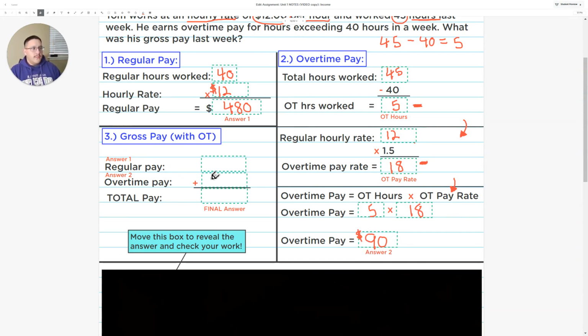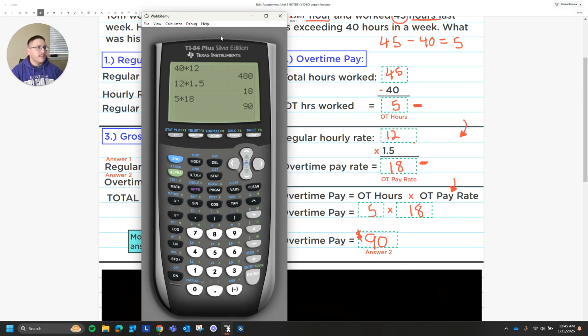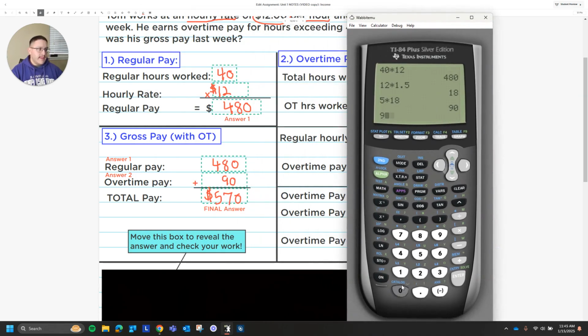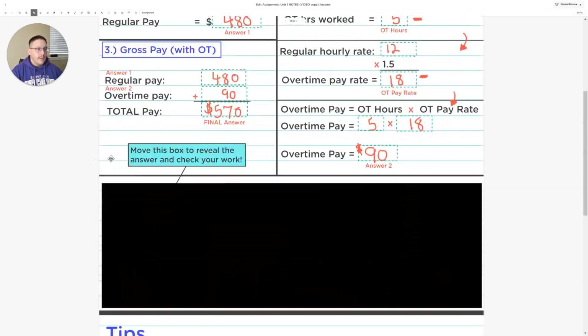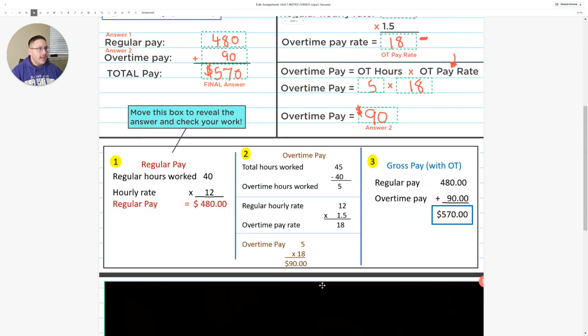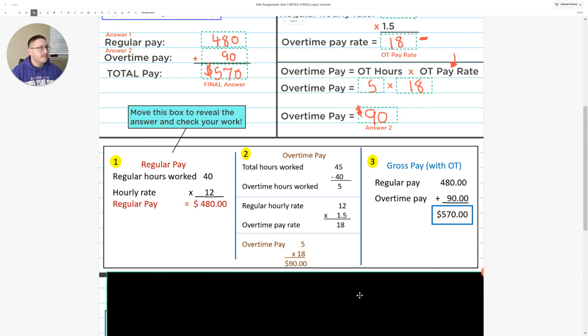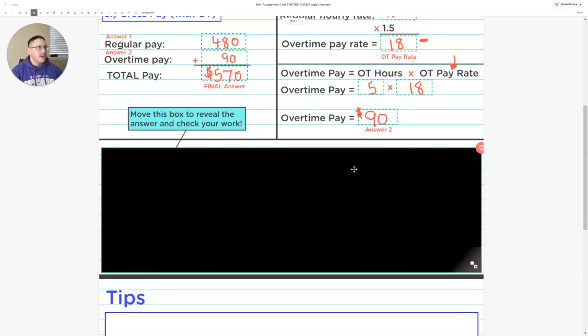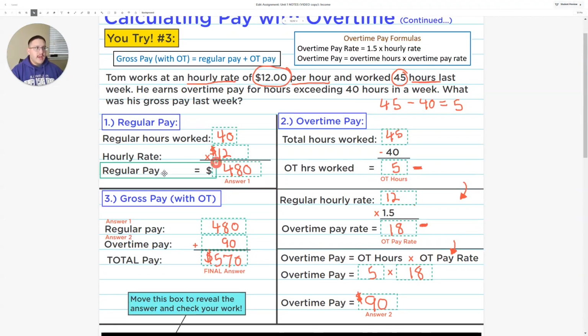So now, 480 plus 90 should be $570 altogether for gross pay with overtime. So again, 90 plus 480 is $570. Then we can move the box right here to check, but it gives us the exact same thing we just calculated, if you did it correctly. That's it for you try number 3.